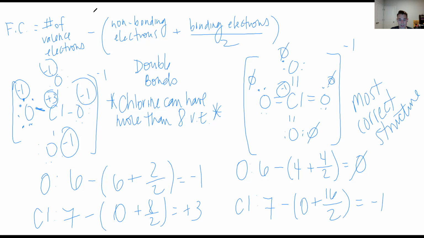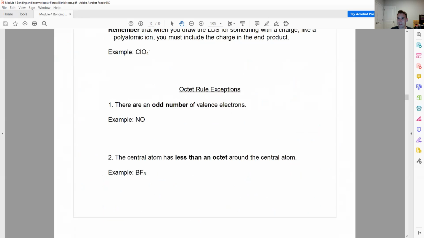Let's go back to our notes here and talk about our exceptions. So exceptions to our rules. Again, most things want 8. We know hydrogen and helium only want 2. So the element nitrogen, one of its exceptions is that it can have an odd number of valence electrons. If I count this up, it's going to have 5 from nitrogen, 6 from oxygen, which gives me an 11. That's an odd number.